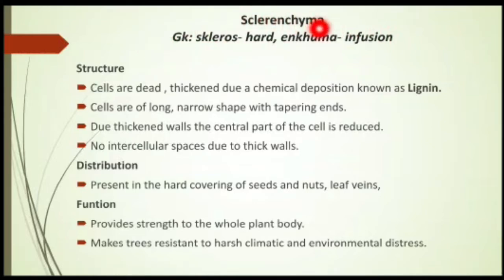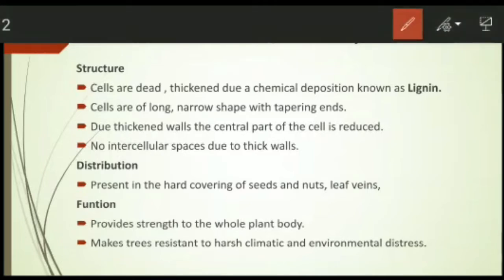The speciality of sclerenchyma lies in the first point, that the tissue is made up of dead cells. That means the sclerenchymatic tissue contains cells which are dead. Now students, anybody may ask why you call those cells dead?